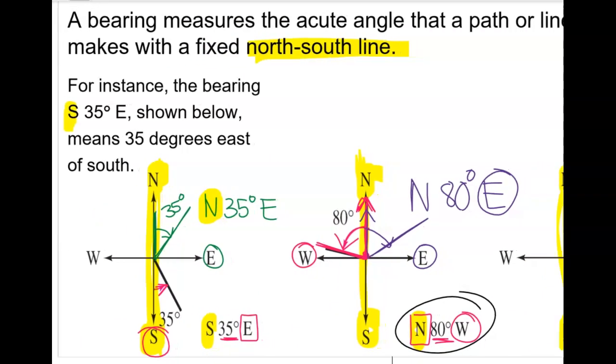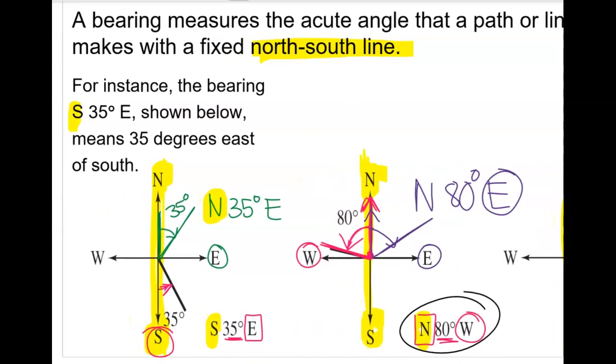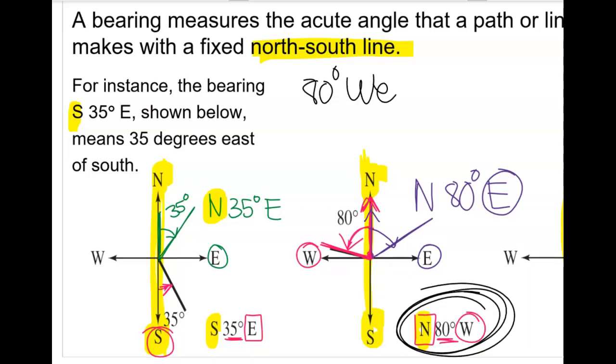So for this one at the bottom, it will be 80 degrees west of north. But we always start from the north and then 80 degrees in the west direction.